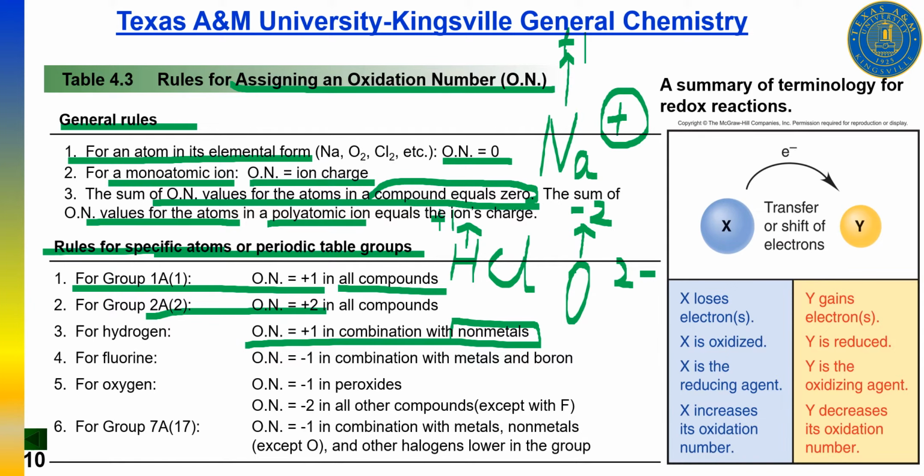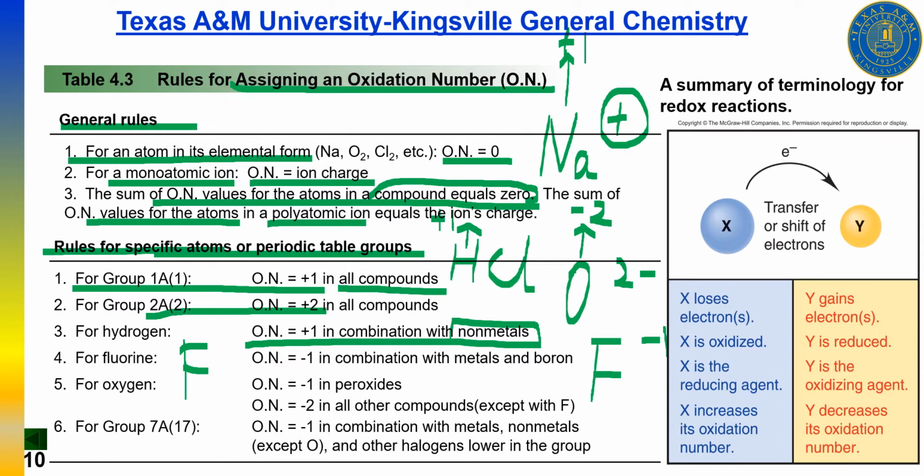If hydrogen is combined with metal, as in hydride, it can be -1. Sometimes it can be non-stoichiometric. There is one element, fluorine, in what you studied, in all the compounds it will be -1 in charge. Oxidation number is -1.